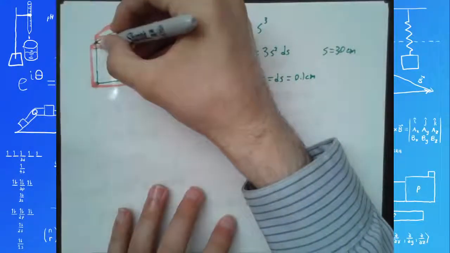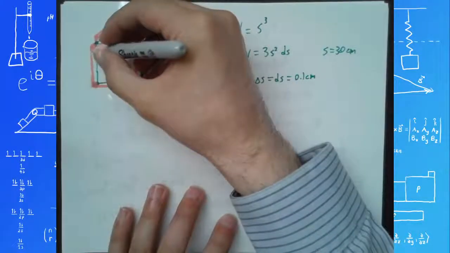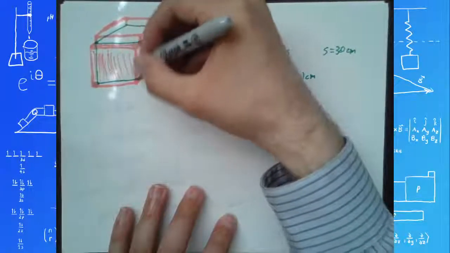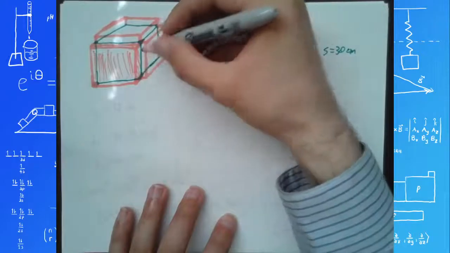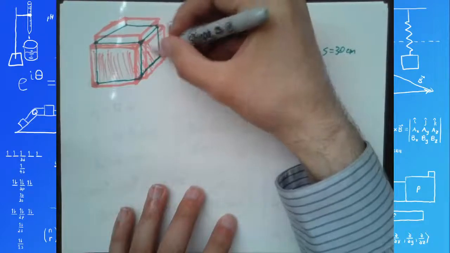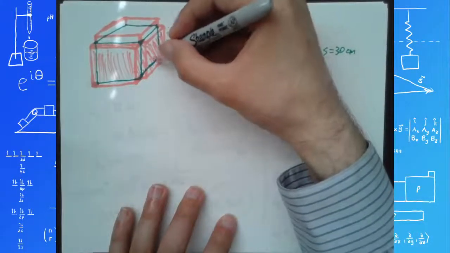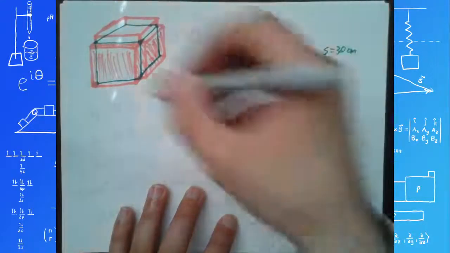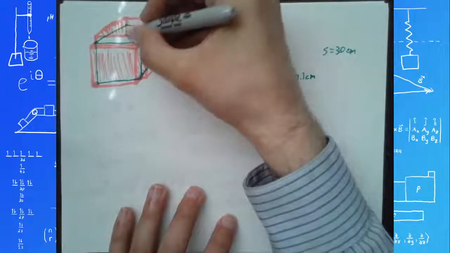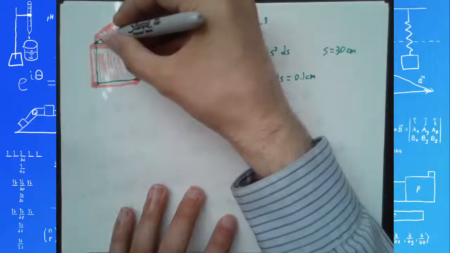Let me actually shade these in. Now you can see why this is not going to give you the exact volume you would have gotten if you just did 30.1 cubed, because there's some missing parts.